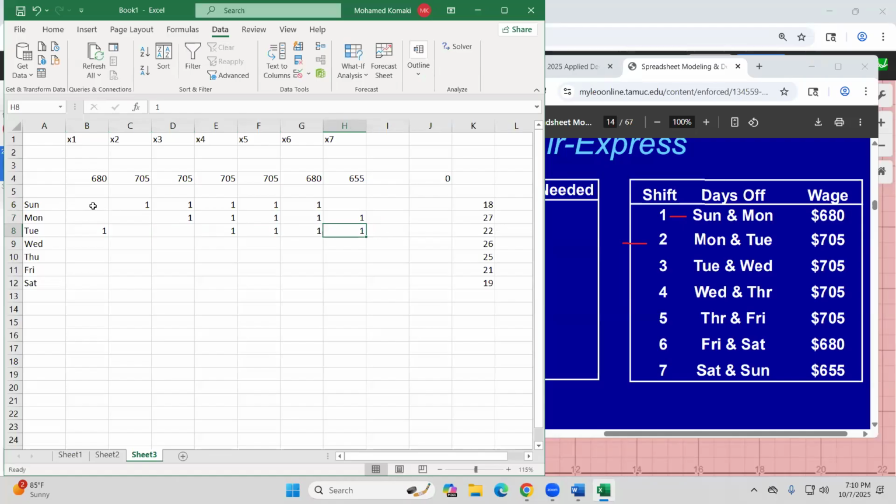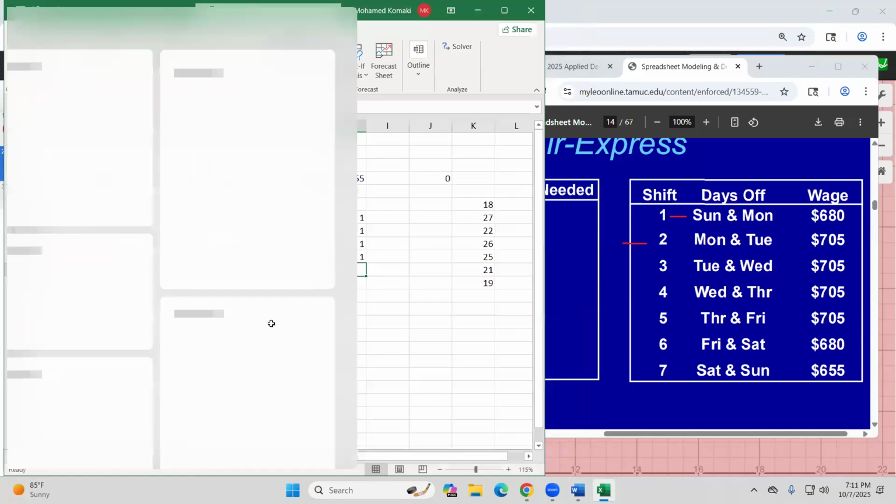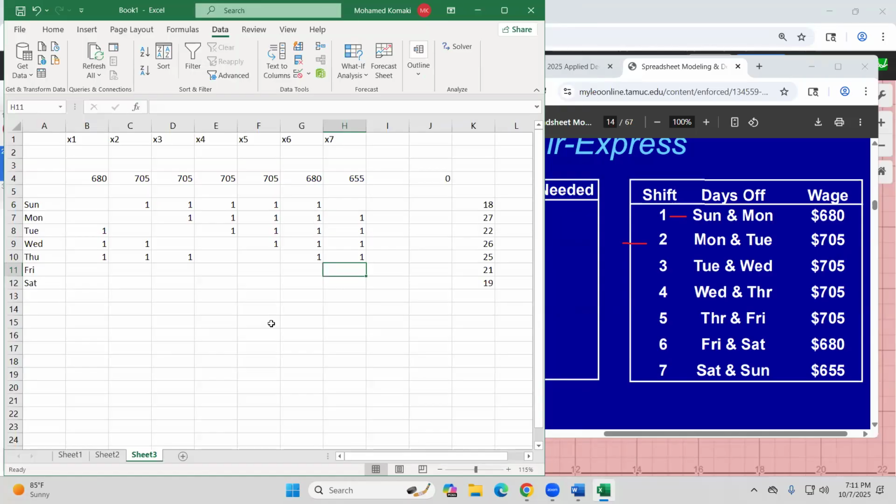Do you agree? For each row I'm shifting, and I think it's right. So you can verify for Thursday. For Thursday, X4 and X5 don't work, the rest work, right? So for every row there is a shift.